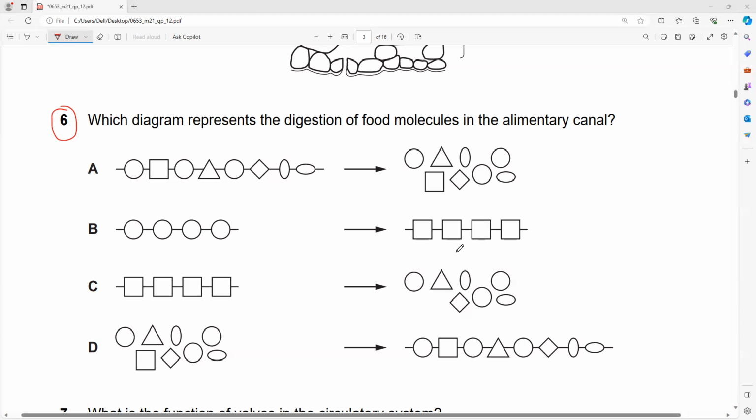So this is a combined food we are taking. It is represented in the given figures with different shapes. You can imagine, like carbohydrate circle, triangle fats, rectangle something, circles another thing. So now what is the correct option?